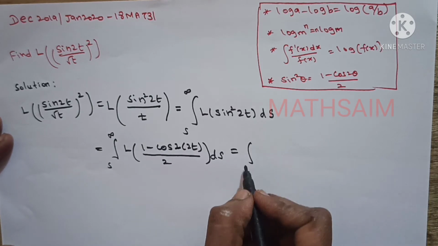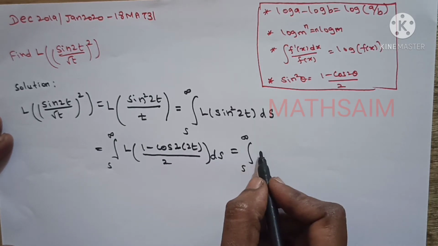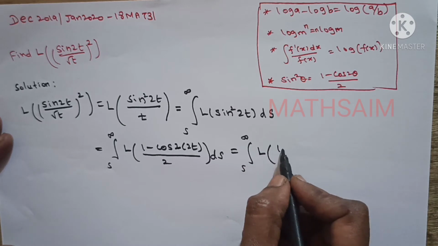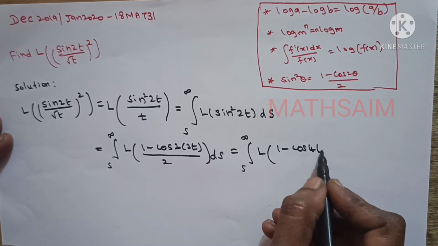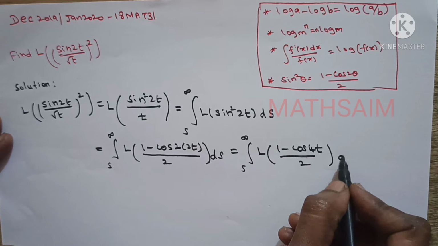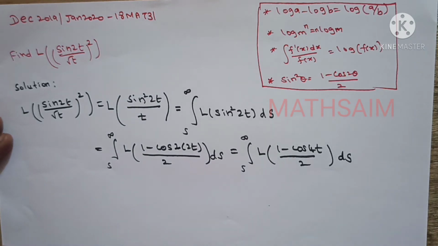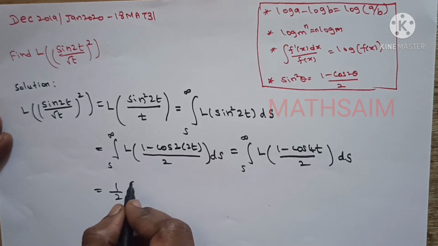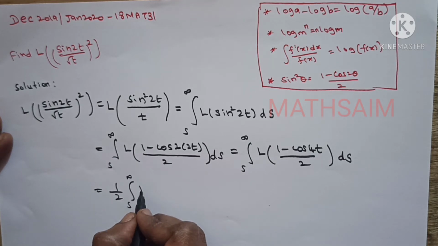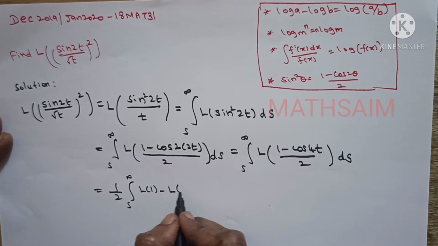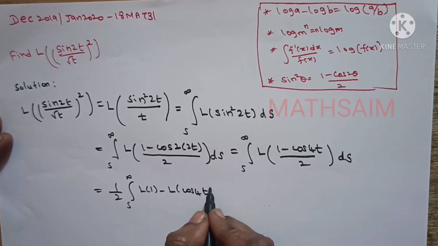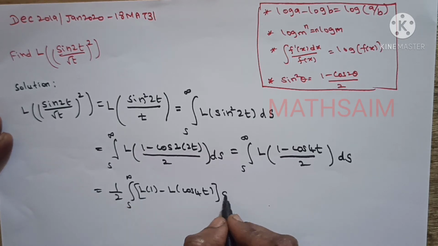Now this is equal to integral s to infinity L of (1 minus cos 4t) by 2 into ds. Now use the linear property. So now this will be 1 by 2 into integral s to infinity L of 1 minus L of cos 4t into ds.